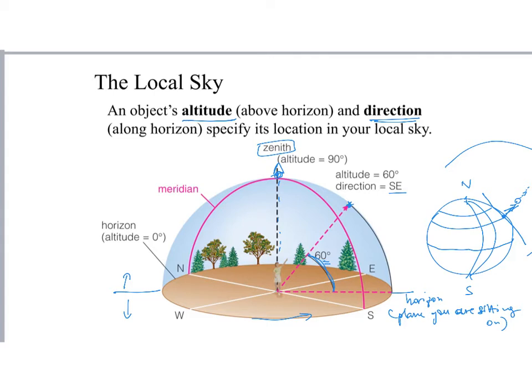So let's try another one. Say there is an object maybe here that's on this meridian, right? So this is the object, or maybe the cluster of stars, right? That you want to point at, and you're going to be like, oh, I'm going to point to that, okay? So I'm going to measure the altitude, okay? That could be something like 47 degrees.